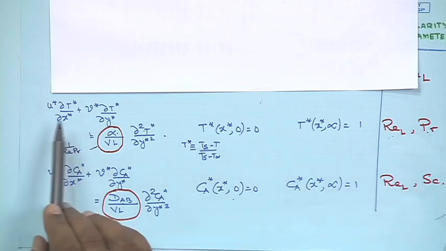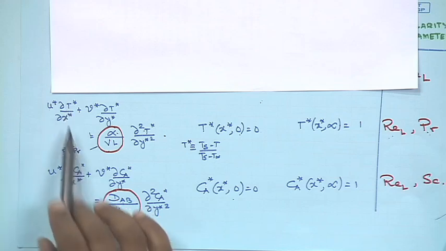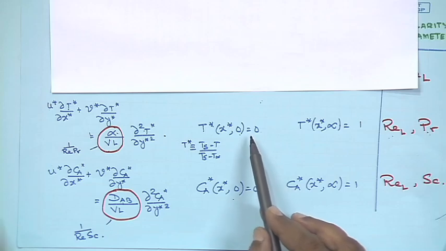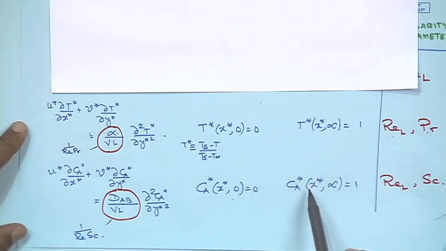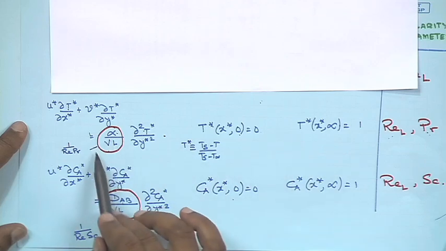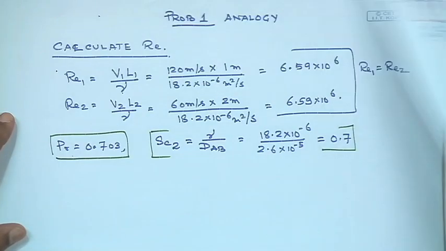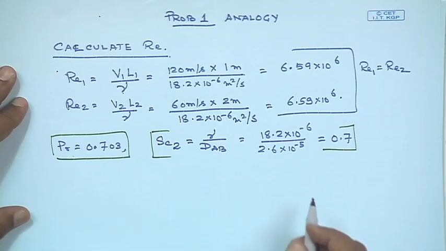So, whatever be the solution for temperature, the functional form of temperature and the functional form of concentration, both in dimensionless form, must be equal to each other, because your boundary conditions are met, the equality of the boundary conditions are met, and this Re Pr is equal to Re Sc, since Re1 is equal to Re2 and Prandtl and Sc are almost equal.